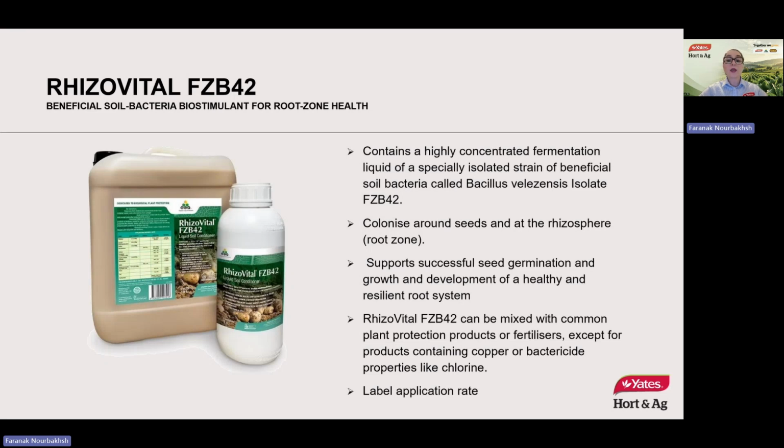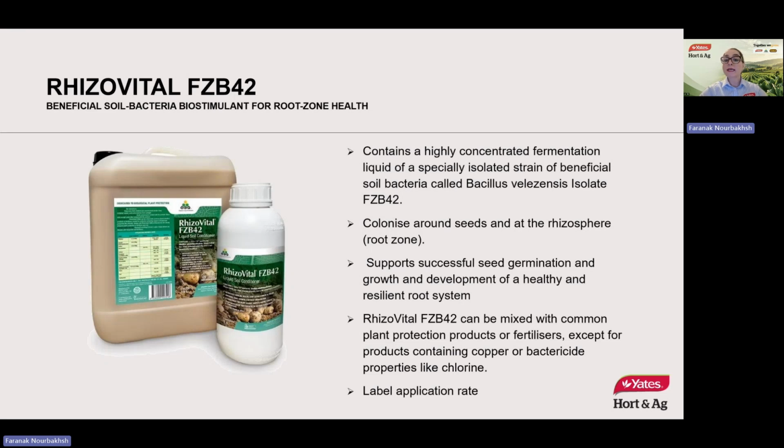It can be mixed with some other chemicals, but it cannot be mixed with any products containing copper or bactericide. For application rate, you should always check the label and follow the information about compatibility with other chemicals. If you're not sure, you can always have a jar test before application.